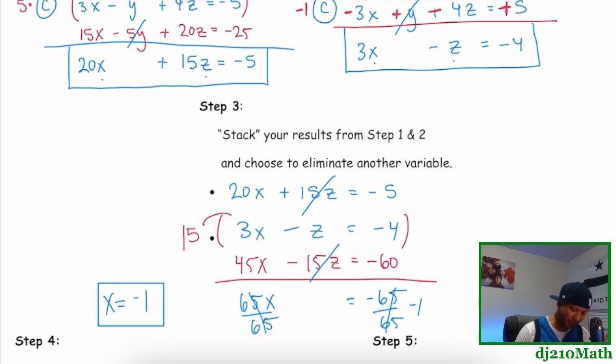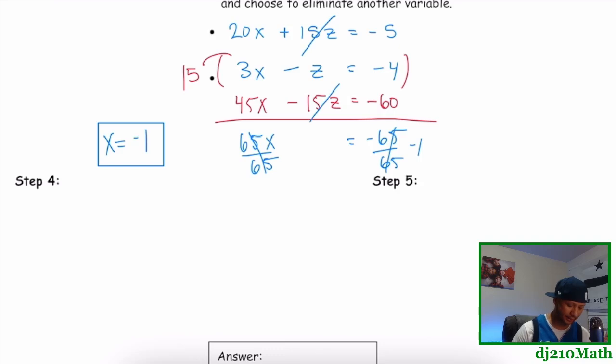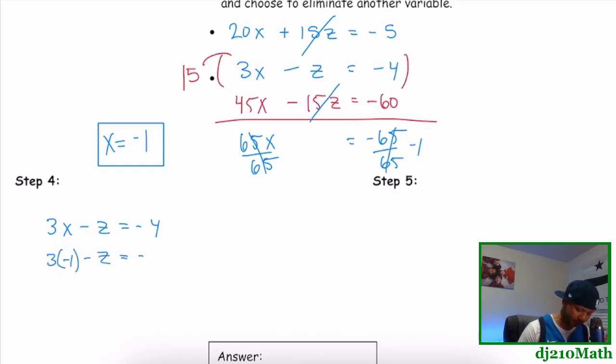Now I immediately plug that back into one of these. I'm going to use the second one because it has smaller numbers. 3x minus z is equal to negative 4. So x is equal to negative 1, and I'm solving for z. So negative 3 minus z is equal to negative 4.